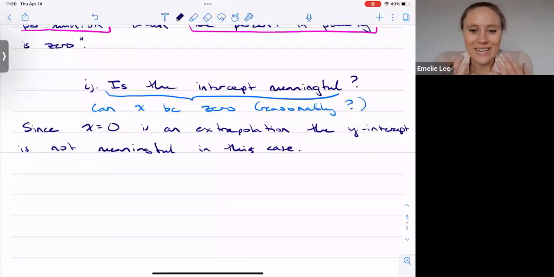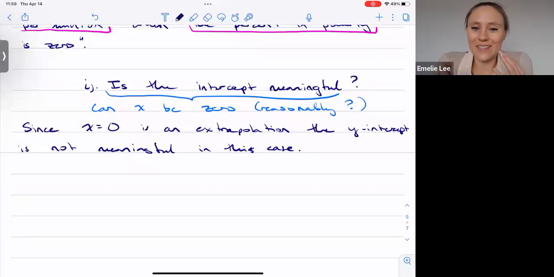There are times when X equals 0 is a perfectly reasonable outcome. If we think about temperature, degrees Celsius in Kelowna, for example, we're going from, I don't know, -25 to way beyond 30, and so we cross 0 at some point, and that's a perfectly reasonable temperature to have recorded.